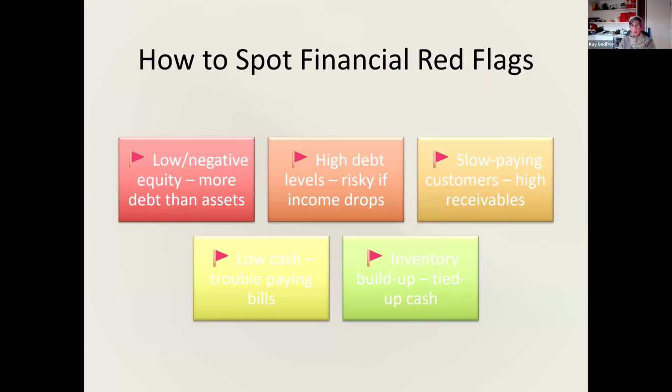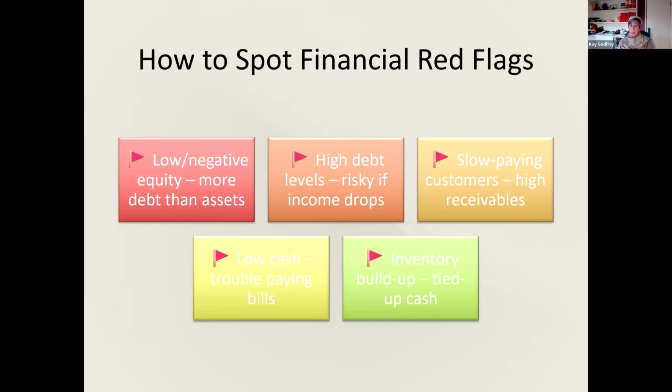So how to spot financial red flags? If you've got low or negative equity, which means more debt than assets, so you owe more than you own. High debt levels are risky. If your income drops, it means you won't be able to pay back those loans.